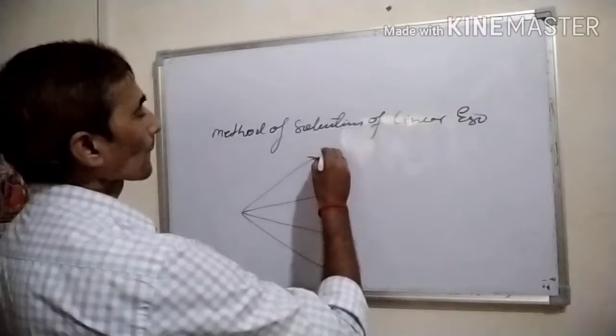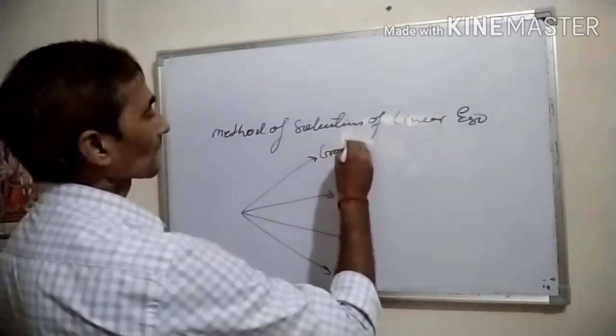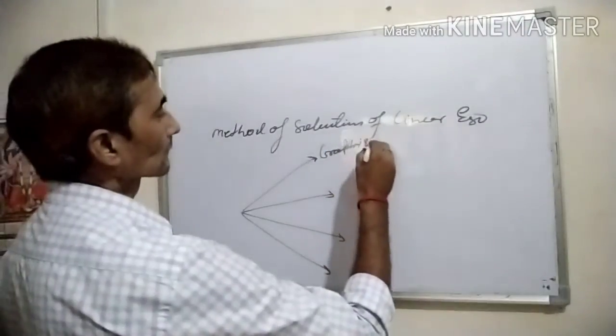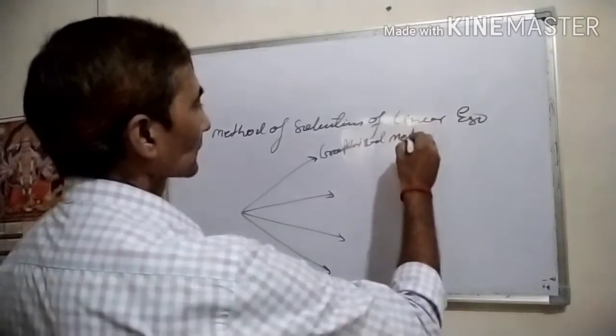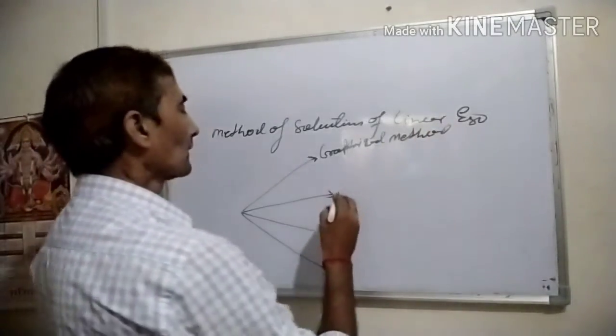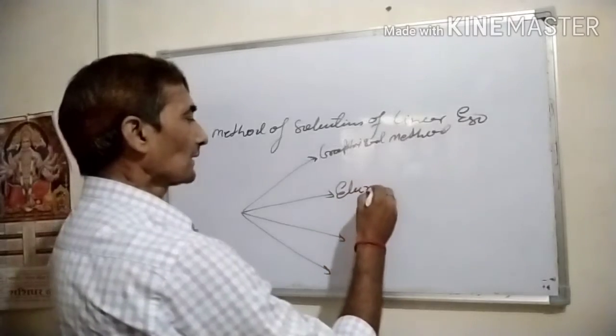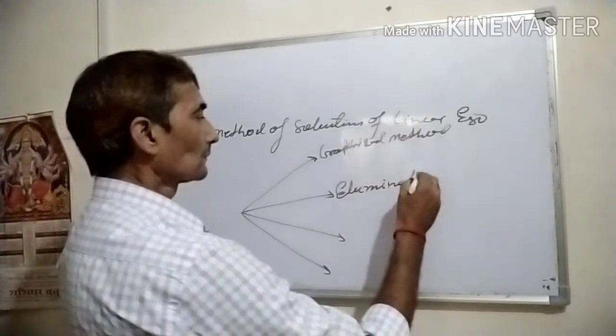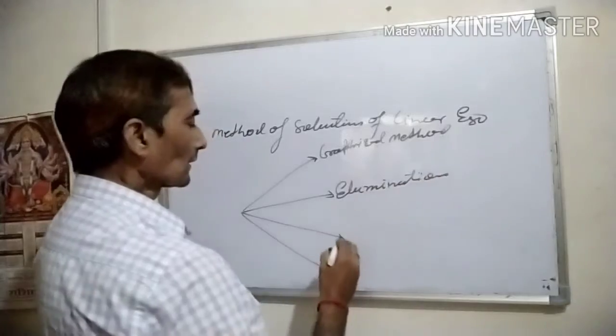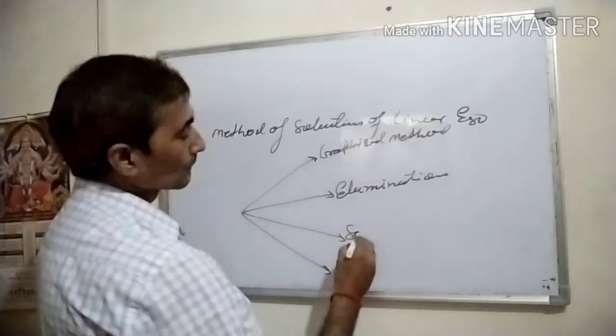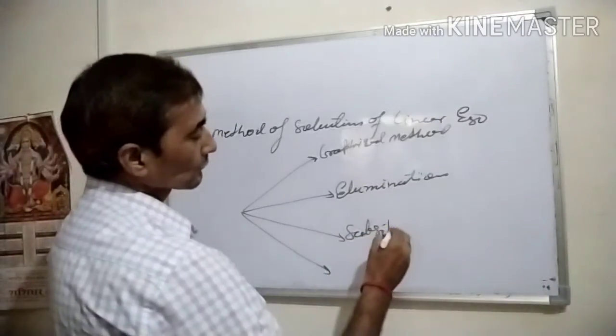One is the graphical method. Second is the elimination method. Third is the substitution method.